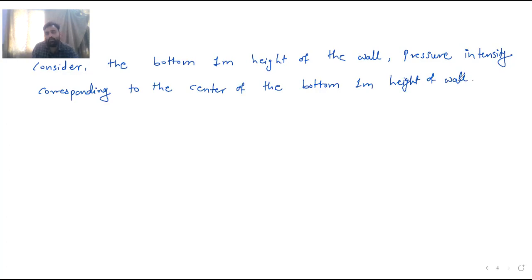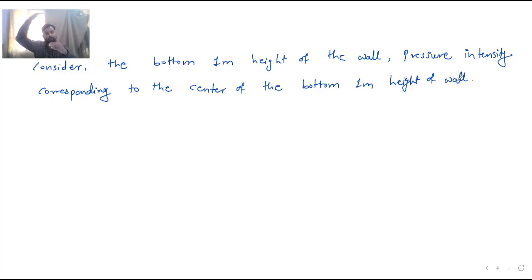So what we are doing now, see our total depth is 3.5 meter. So we have chosen a section 1 meter from the bottom.